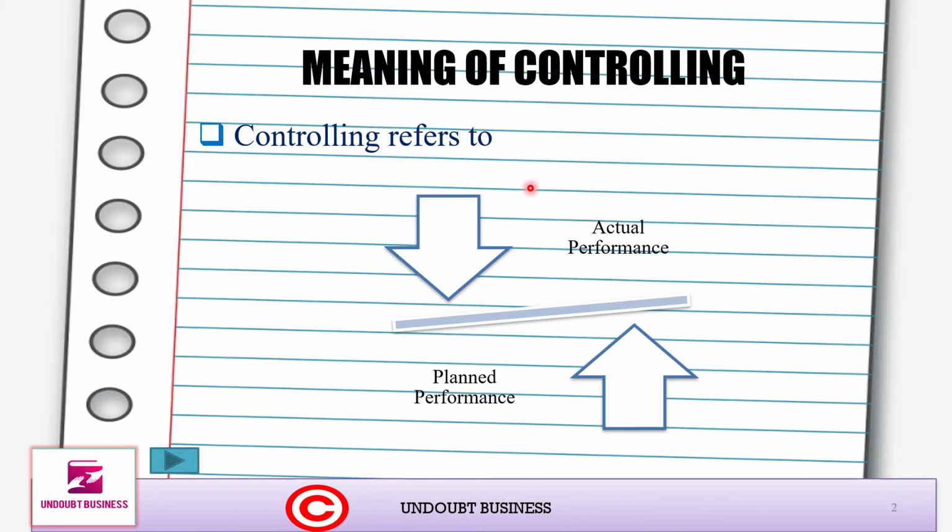Now if the actual performance is more than the planned performance, then it is okay. But if it is vice versa, then it will be a difficulty for the organization. So then we have to perform the controlling function to make the performance balanced.